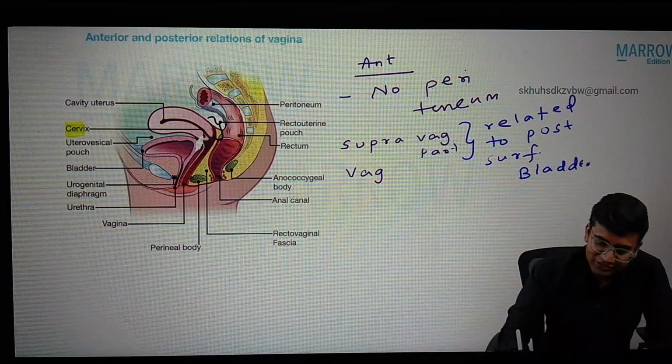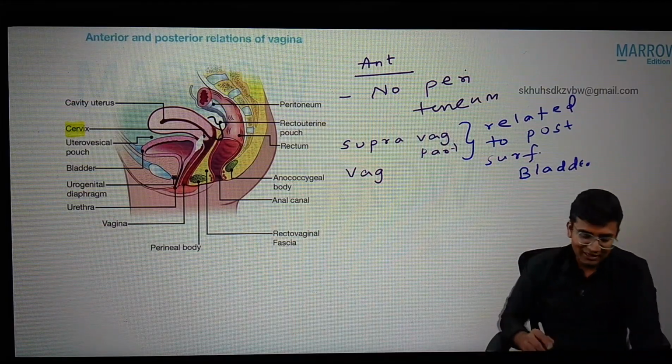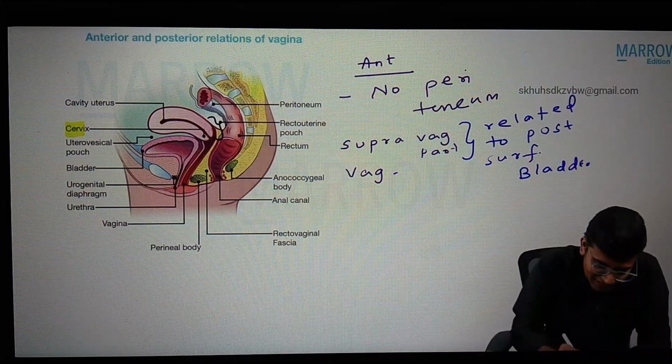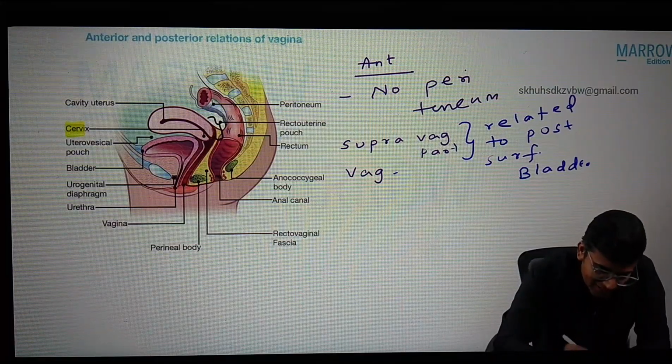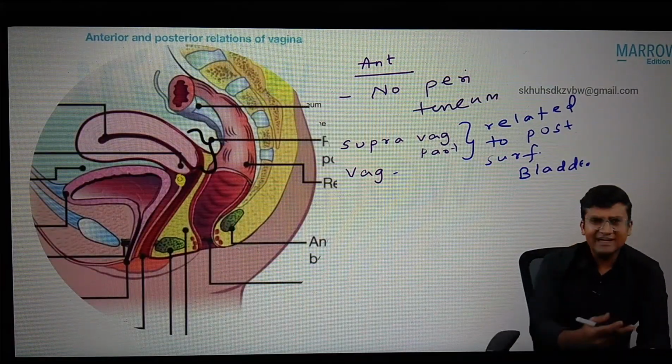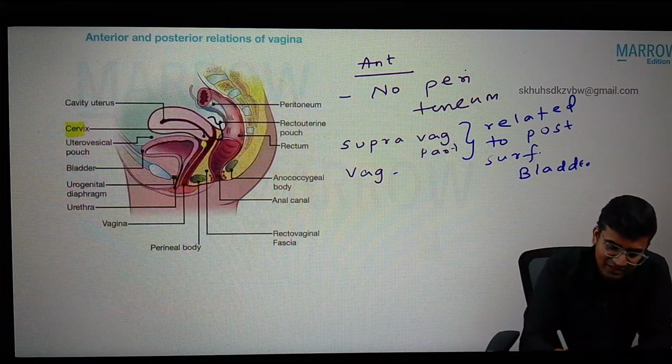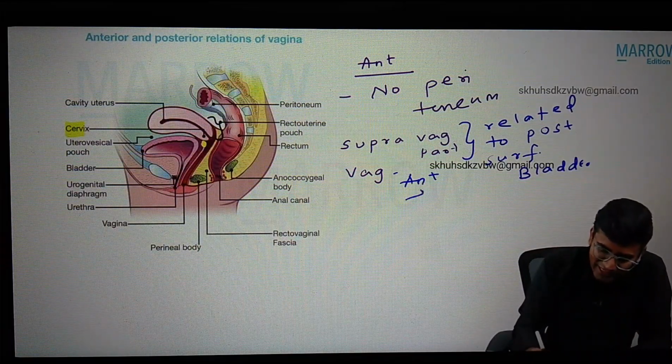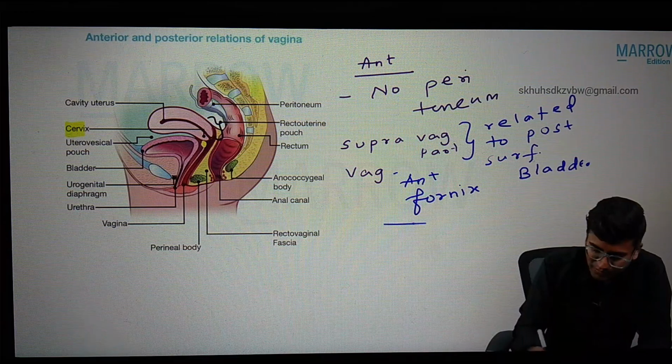Whereas the vaginal part is related to this area. In front of the vaginal part of the cervix, what do we have? The fornix, the anterior fornix of the vagina. So on the front side, we have the anterior fornix.